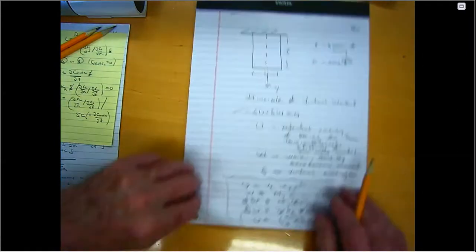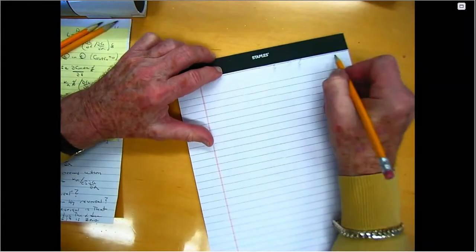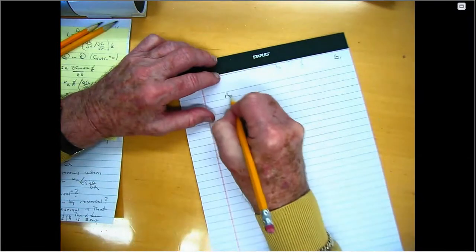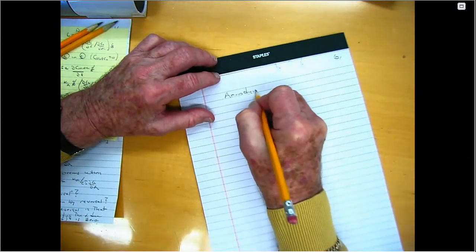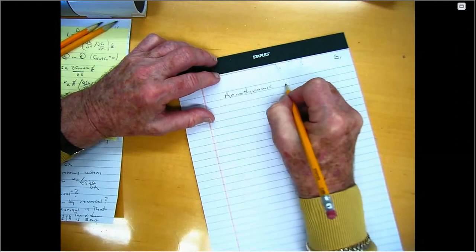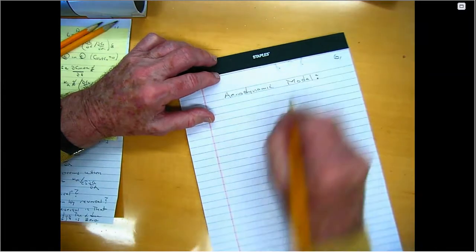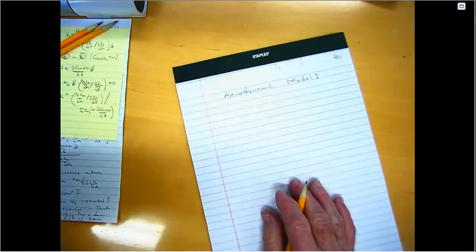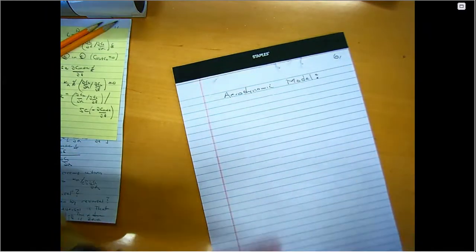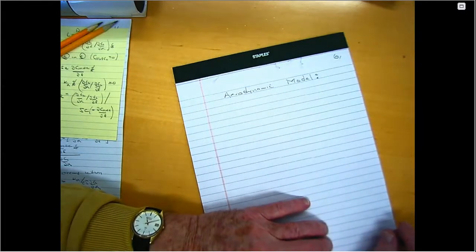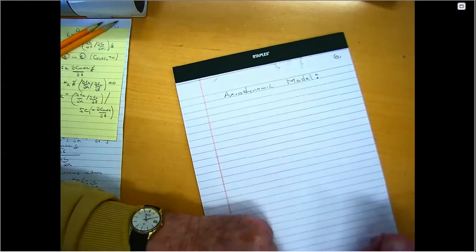All right. So now we're going to go to our next level of knowledge. First of all, the aerodynamic model. We are going to make a bold assumption, at least initially. If the span of the wing is much larger than the chord, then each spanwise section of the wing can be treated as though it were the same as a two-dimensional airfoil.